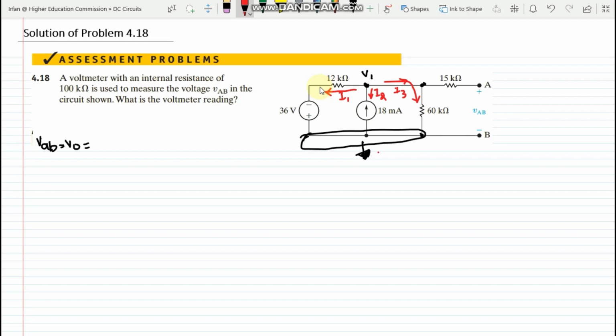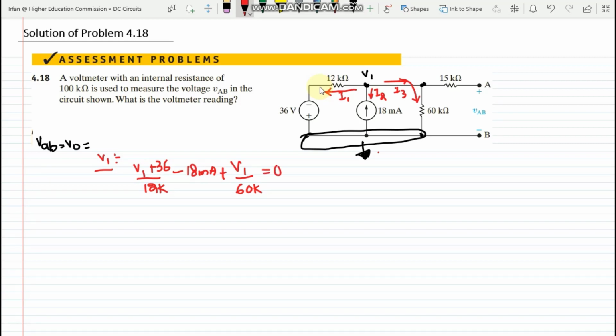Now at node V1, the equation will be (V1 plus 36) divided by 12k, minus 18 milliamps, since this current is in the opposite direction to I2, plus V1 divided by 60k, and this should equal 0.